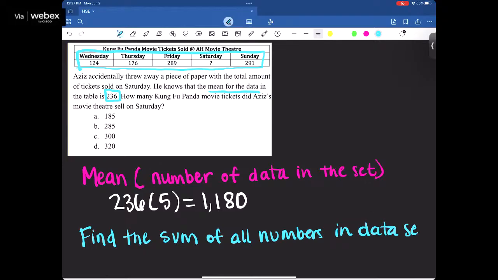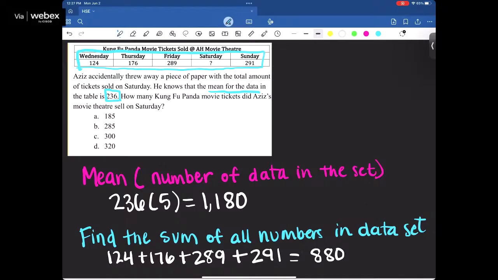Of course, we don't have Saturday, so that'll just be 0. We can just leave it out for now. So let's add 124 plus 176 plus 289 plus 291. And we should get 880.